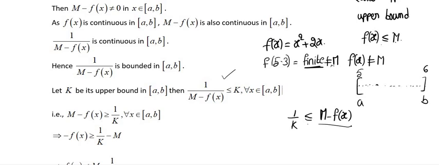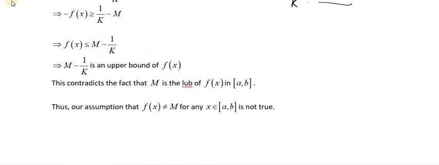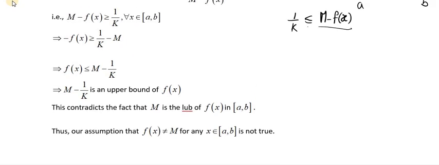Whenever we change the places, less than or equal becomes greater than or equal. Now I am keeping minus f of x here only; plus M becomes minus M. Now multiply both sides with a minus sign. Minus into minus is plus. Whenever we multiply with a negative, greater than or equal becomes less than or equal. Minus M becomes positive M, and minus 1 by k becomes M minus 1 by k.